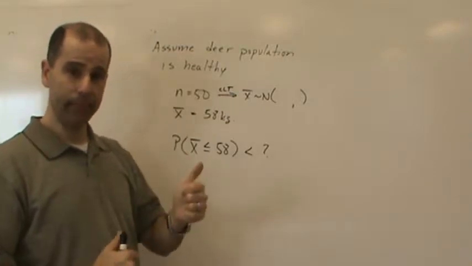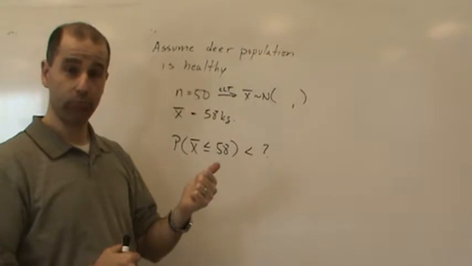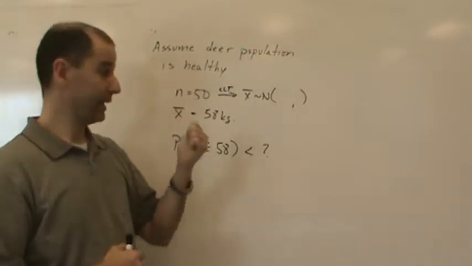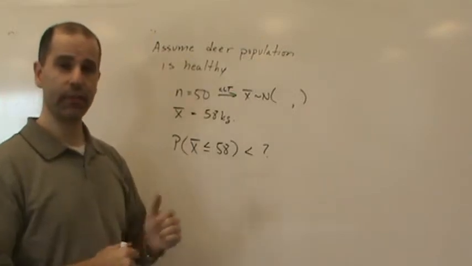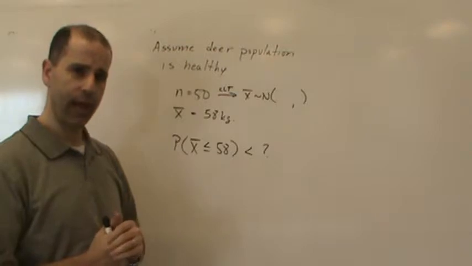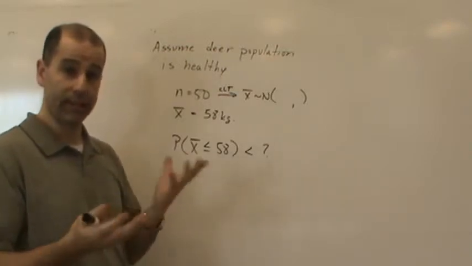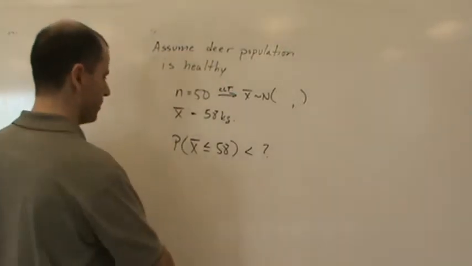We make a claim, and then we make an assumption, and then we collect data, and based on the data, we either see if there's evidence against the assumption or not enough evidence against the assumption, and then that's going to tell us what to say about the claim. That's the big idea behind a hypothesis test.